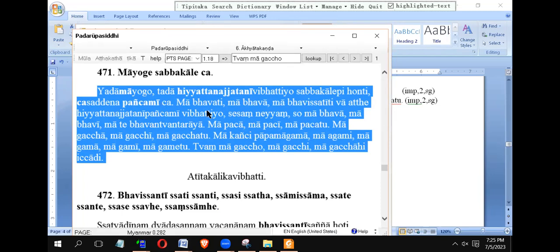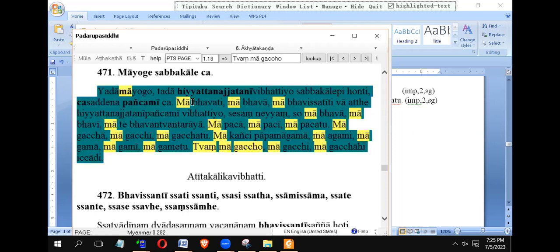Here it's talking about ma bhavati, ma bhava, ma bhavissati. It may show other forms here, but it's actually the same meaning as just now.